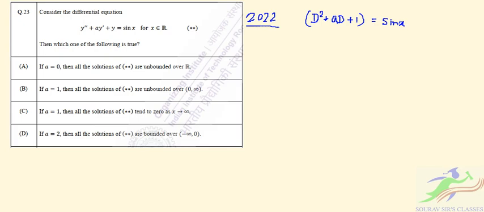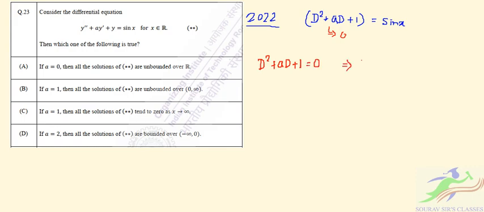From here we can find the value of D. If we consider this equal to 0, then we can just write it in this way, D squared plus aD plus 1 is equal to 0.